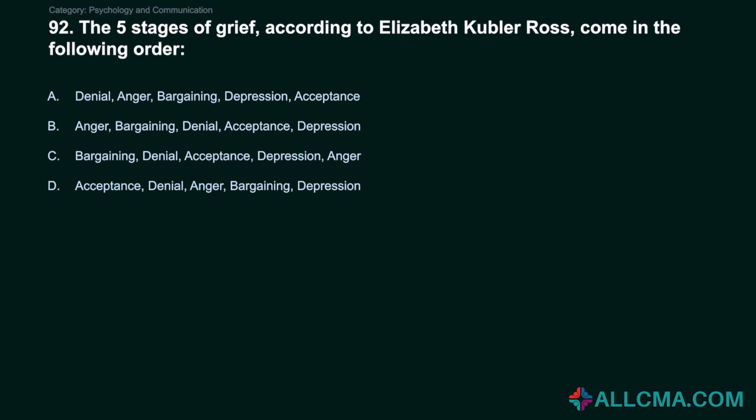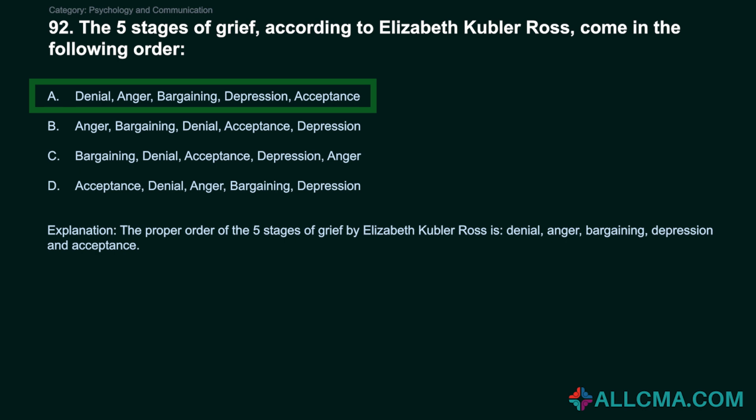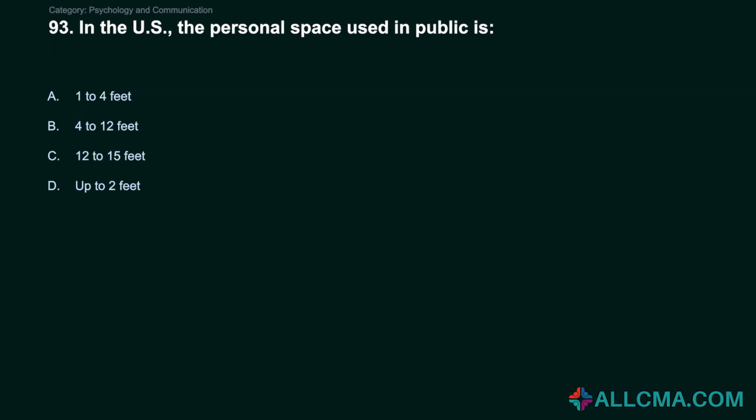D. Acceptance, denial, anger, bargaining, depression. Correct answer: A. The proper order of the 5 stages of grief by Elizabeth Kubler-Ross is denial, anger, bargaining, depression, and acceptance.